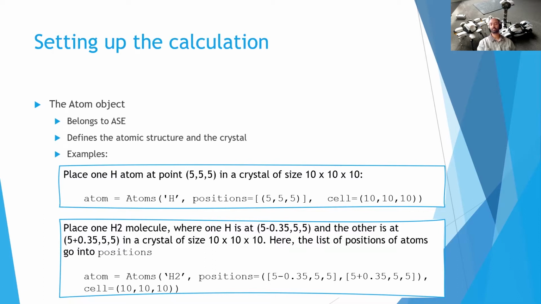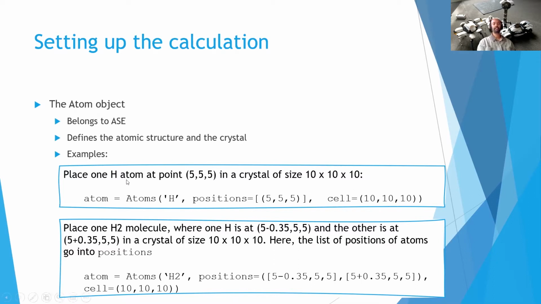And then you pass those two parameters. Positions here is where you want to situate each of the atoms that you have passed here. And so it has to be a list of lists, right? Each one of the inner lists has 3 numbers, the X and the Y and the Z. So you've got 5 along the X-axis, Y-axis, and the Z-axis. And it's only one element inside that bigger list, right? Because we only have one H atom. And then cell equals, and these are the dimensions of the cell, which is assumed by default to be a cubic cell.